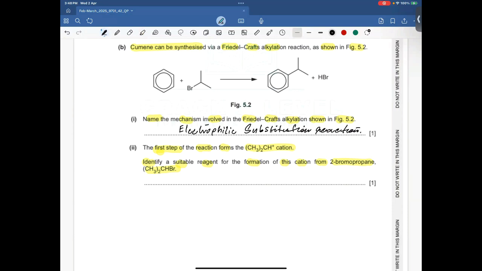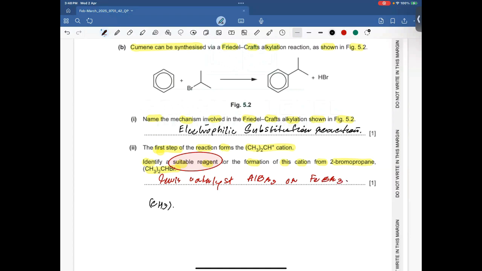The suitable reagent is basically a Lewis catalyst. And that could be AlBr3. All right. ये होगा कुछ reaction.